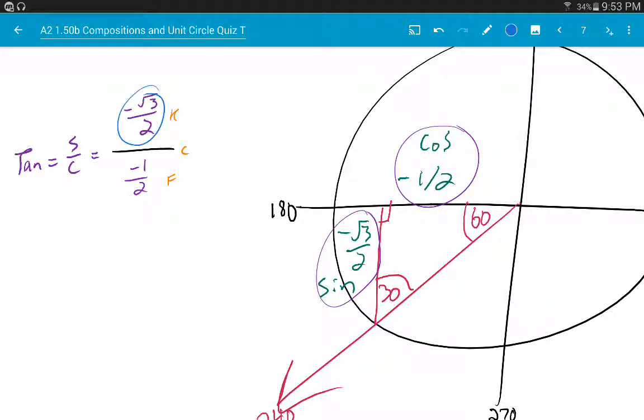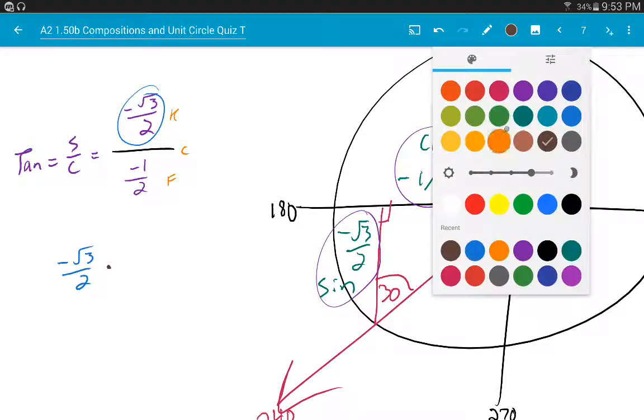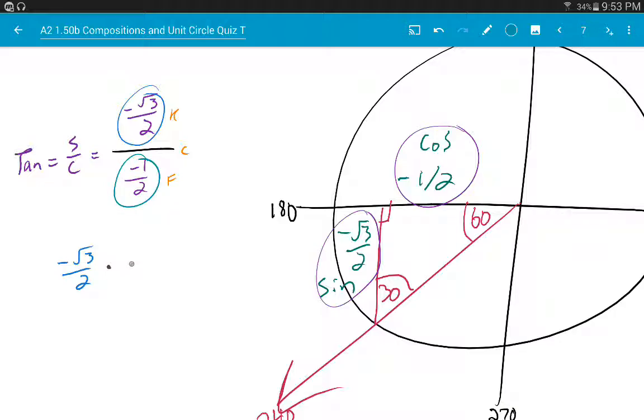So I'm going to keep the top, negative rad 3 over 2. I'm going to change it to multiplication, and I'm going to flip the bottom. So 2 goes over the negative 1. The 2's cross out, so do the negatives, and I'm left with radical 3 over 1, which we could just say is radical 3.